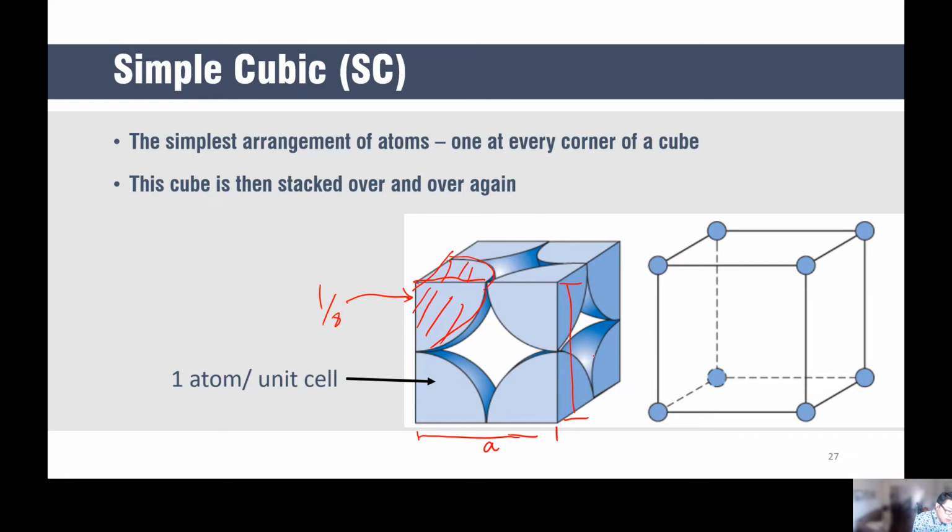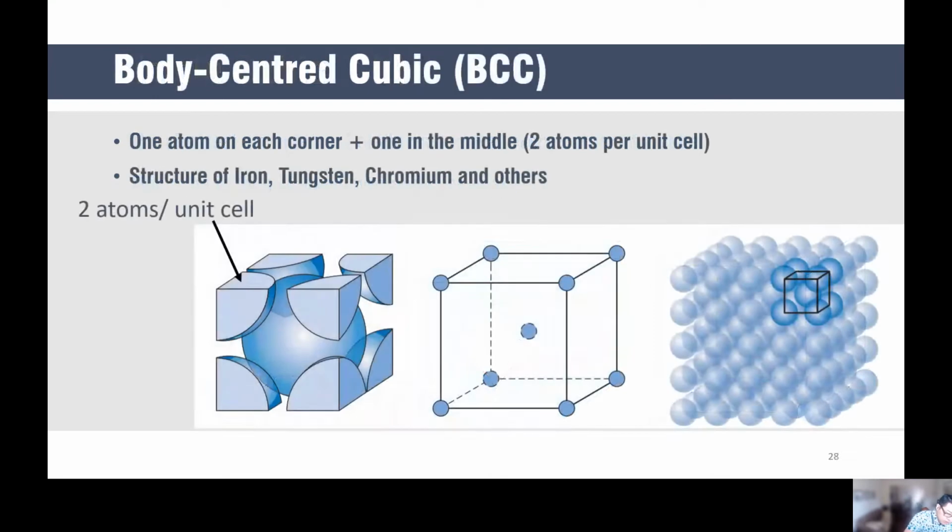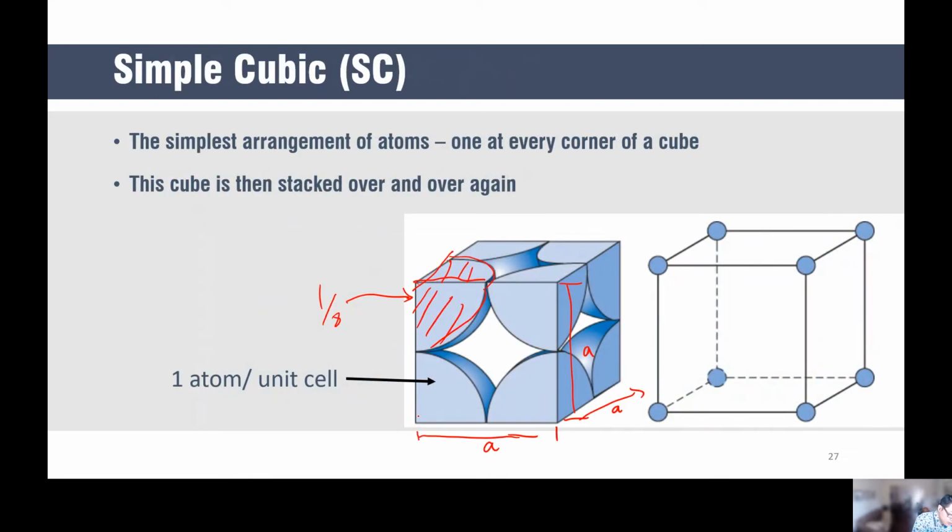In this particular case, the X, Y, and Z directions all have a parameter of A. A is the lattice parameter. In this particular case, the atomic radius R is half of the lattice parameter. So here we have also A here. So that's the atomic radius.